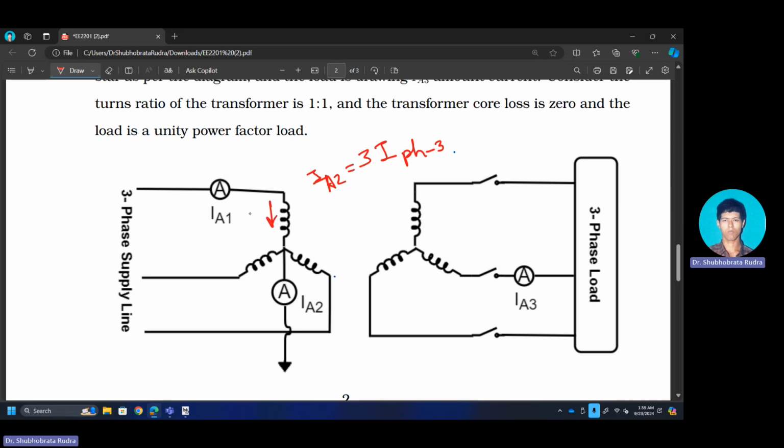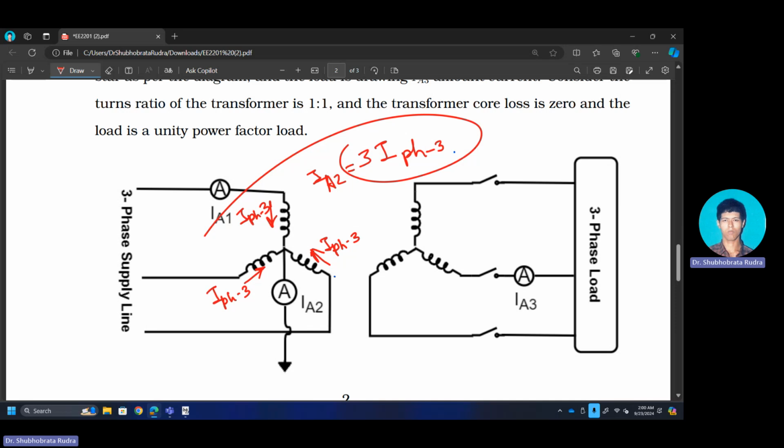If this is I phase 3, and this is I phase 3, we know all these third harmonics always remain in the same phase. So together they will give you 3 times I phase 3.